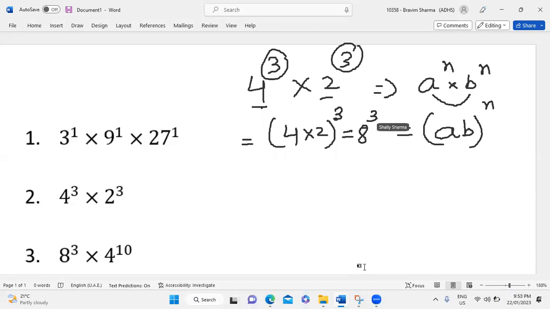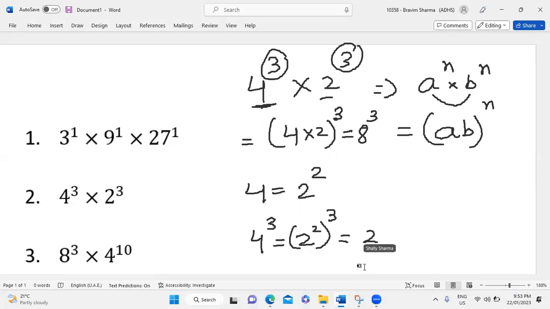Second method is, we know that 4 can be expressed as a power of 2, which is 2 squared. So I will replace 4 cubed with 2 squared to the power of 3, which means it is 2 to the power of 6.